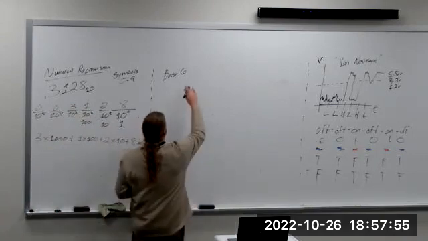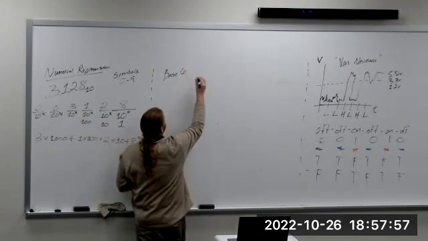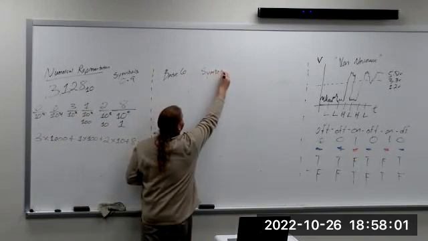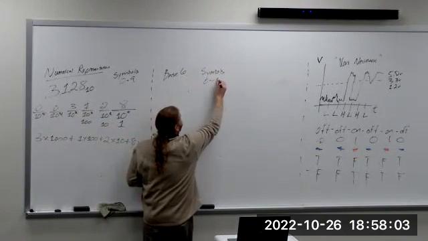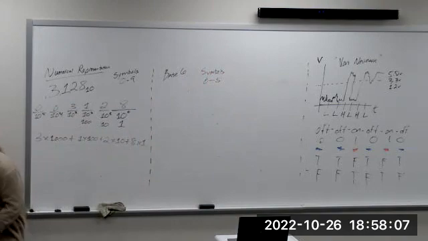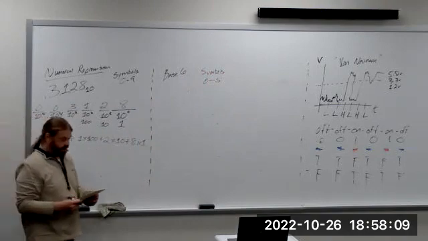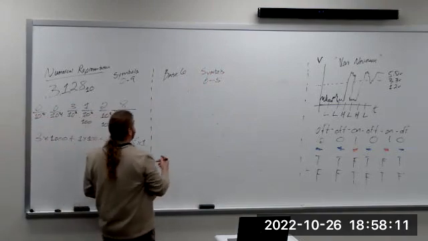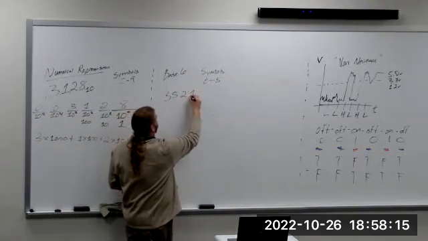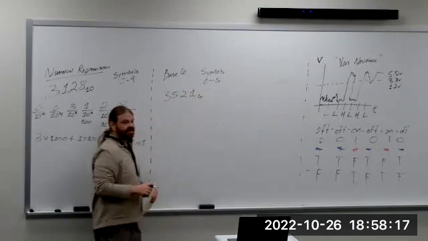We probably still want 0, so our symbols will be 0 through 5. That gives us 6 symbols to work with. And I'll just make up a number: 3, 5, 2, 1 in base 6.